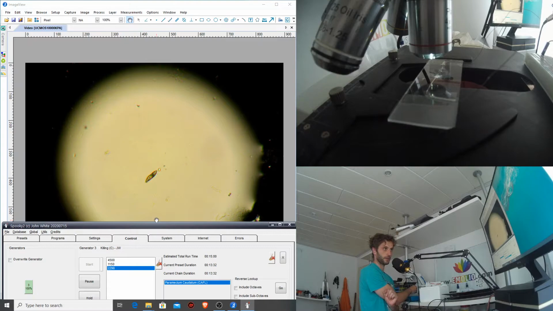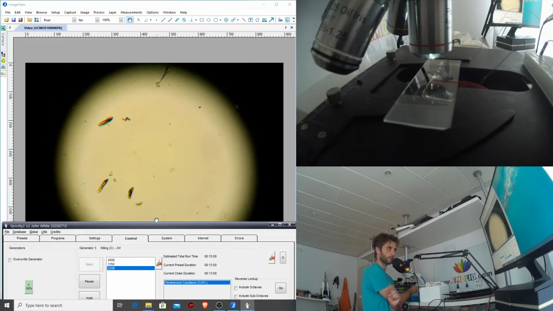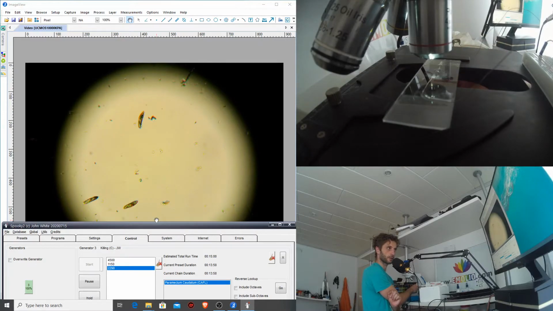Maybe it's a good idea to go another 50 minutes to see if they are gonna die, but definitely there is some pattern movement change, like they are now moving almost the same.